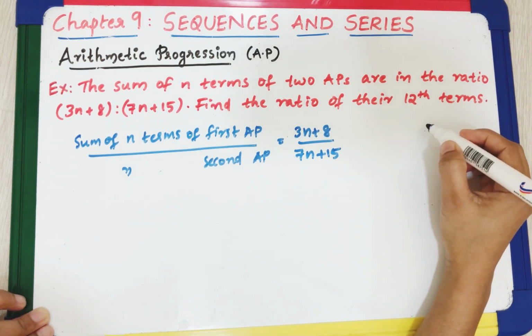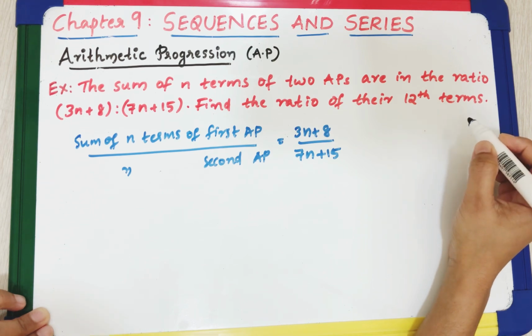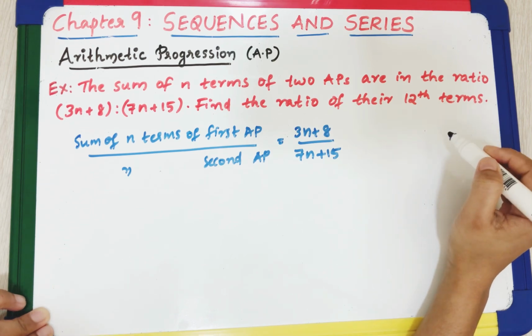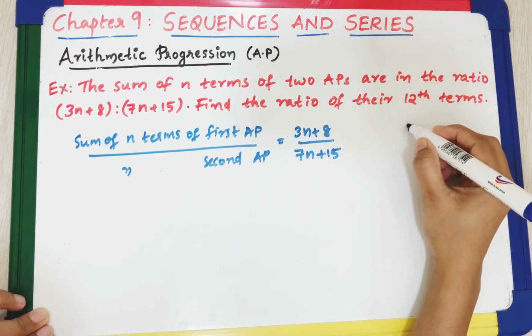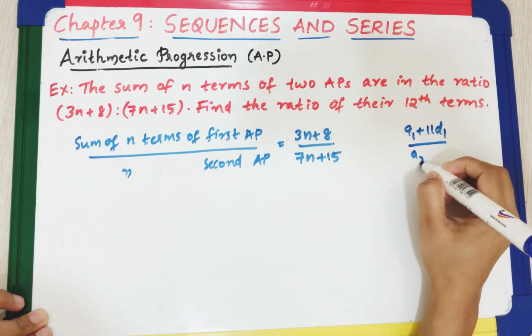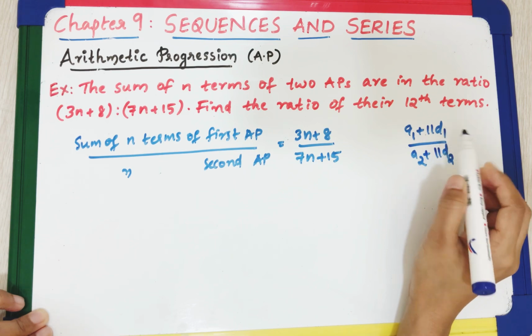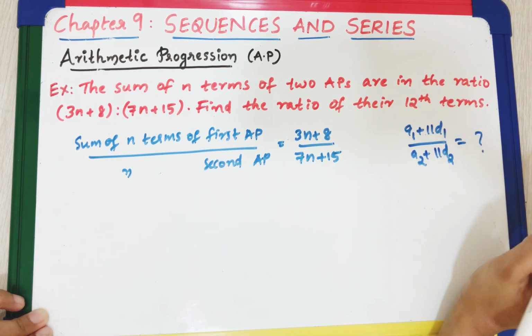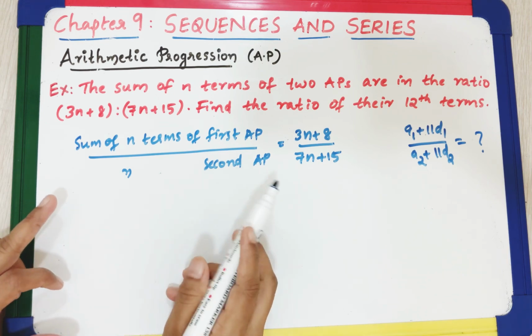If the first AP has first term a1 and common difference d1, and the second AP has first term a2 and common difference d2, we can write a1 plus 11 d1 by a2 plus 11 d2. The 12th term is a1 plus 11 d1. We have to find this ratio. We know the formula for the sum of n terms.